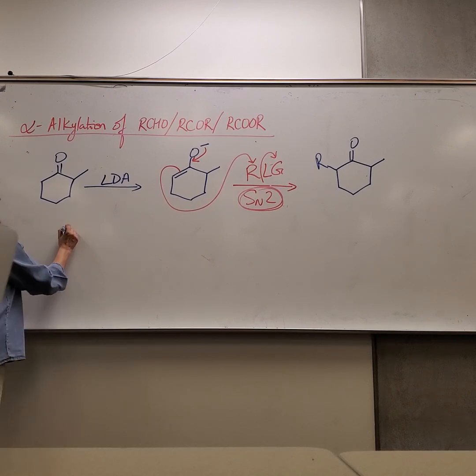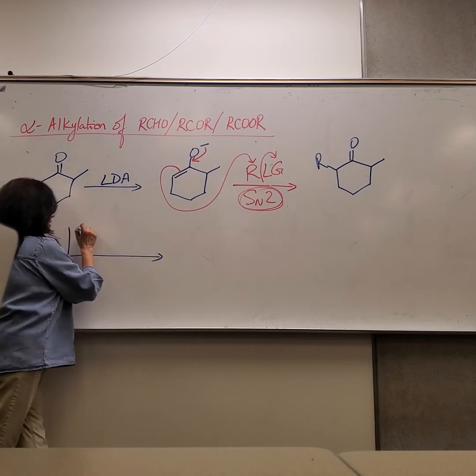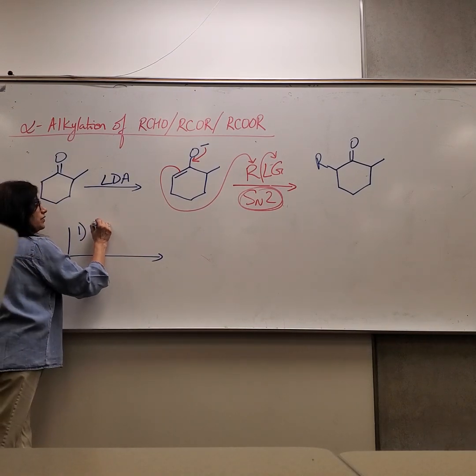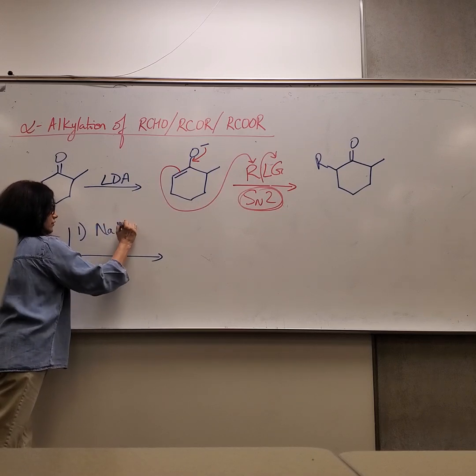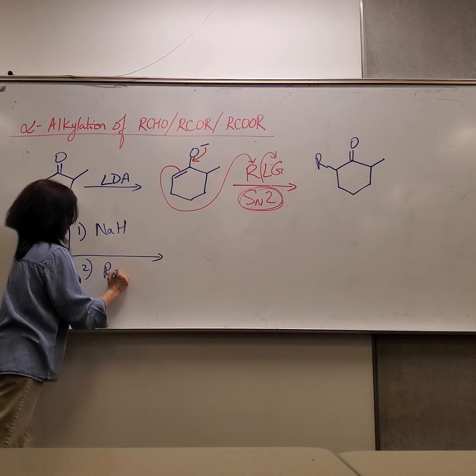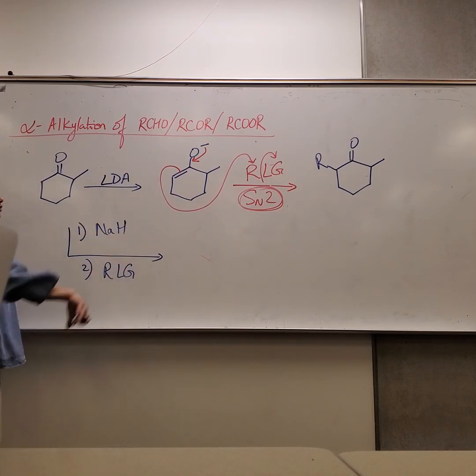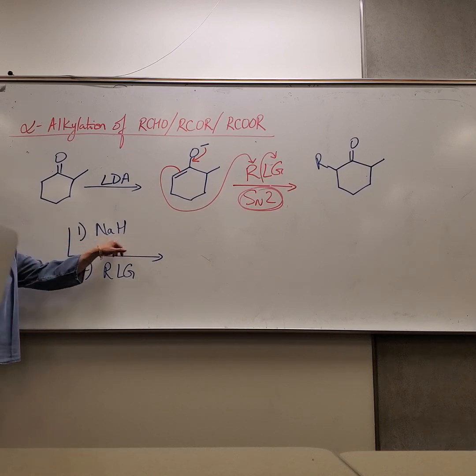What if, on the other hand, instead of using LDA, I use sodium hydride in the first step followed by the same R-LG, whatever the leaving group is? Where would the R go? Is this bulky or non-bulky? Not bulky. So will it give us the thermodynamic enolate or the kinetic enolate? Thermodynamic.